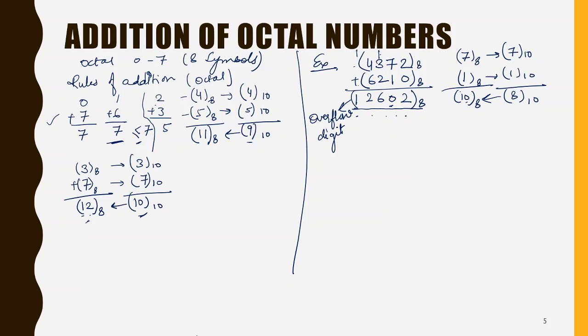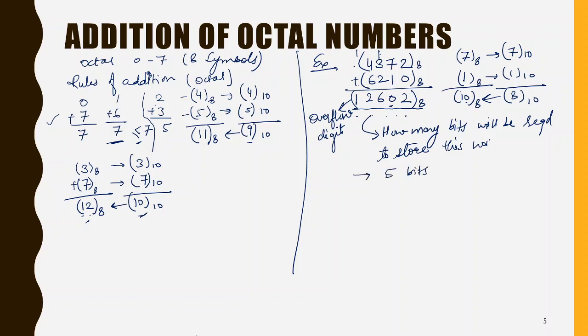But if I ask you how many bits will be required to store this number, some of you may give the answer 5 bits are required. I would say this is a completely wrong answer. These are not 5 bits, these are 5 octal digits, right?